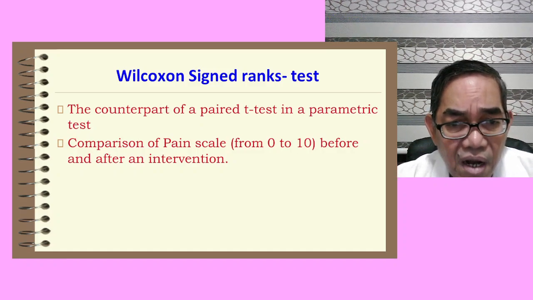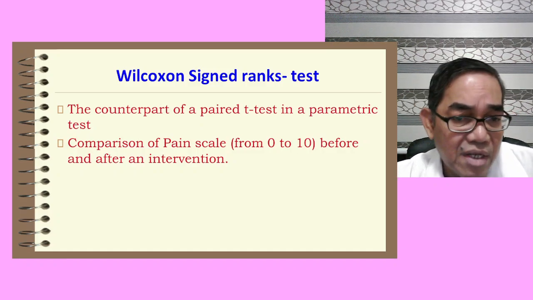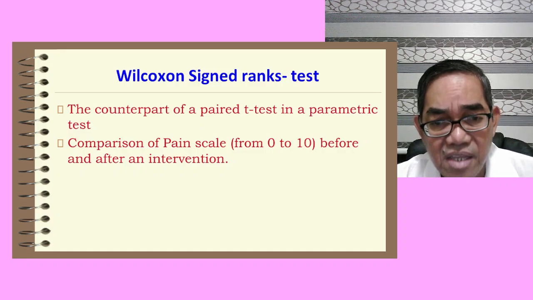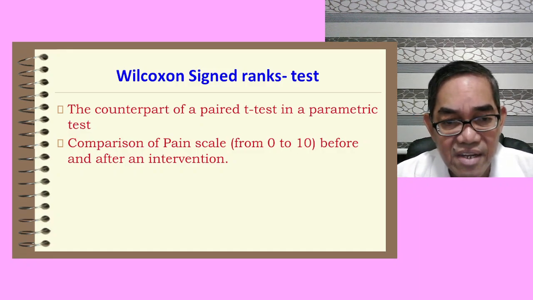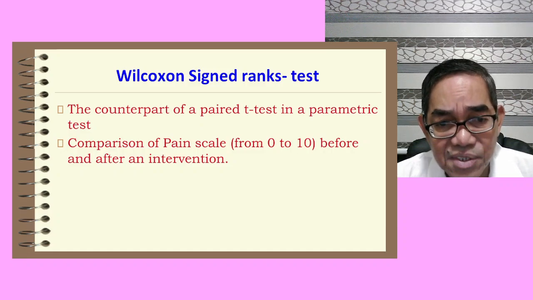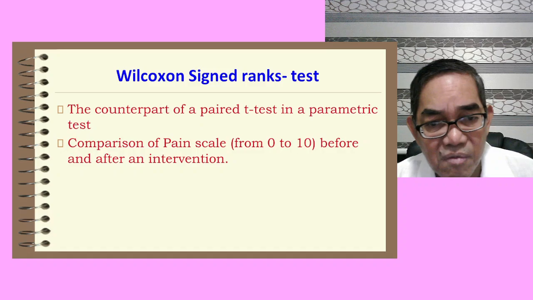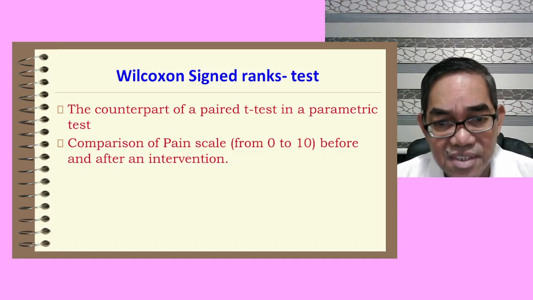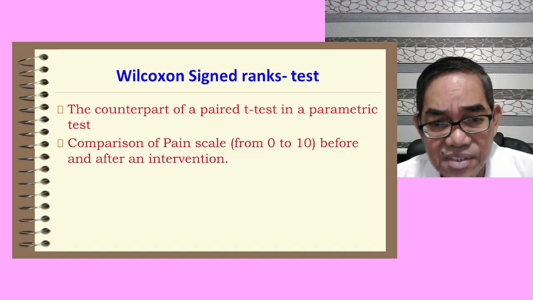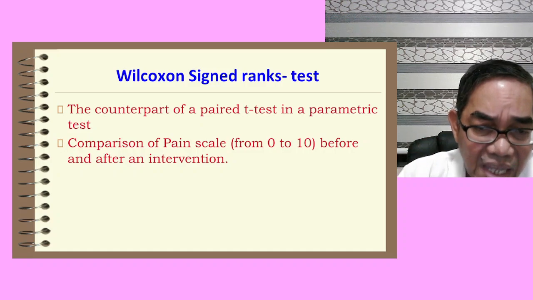Now, Wilcoxon signed ranks test. This is the counterpart of the paired t-test in a non-parametric test. Or rather, I should say, the Wilcoxon signed ranks test is the counterpart of the paired t-test in the parametric test.